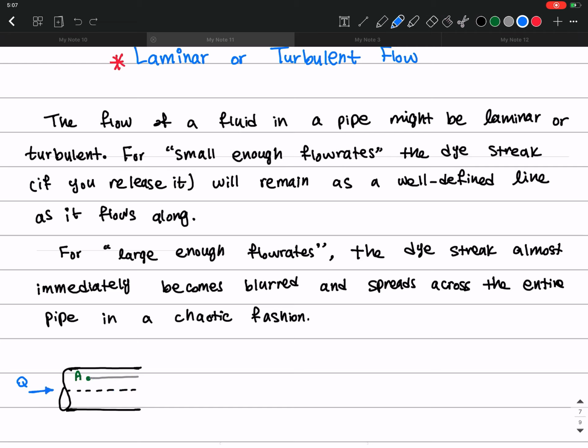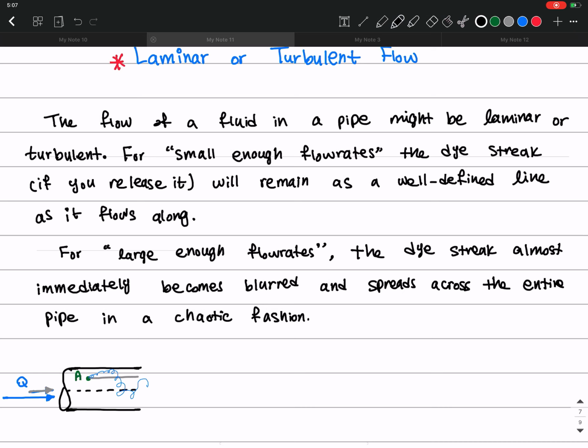Okay, so let me show it again. Maybe it can go here, and then it can have a completely chaotic behavior. Okay, so this type of flows, we call them turbulent.